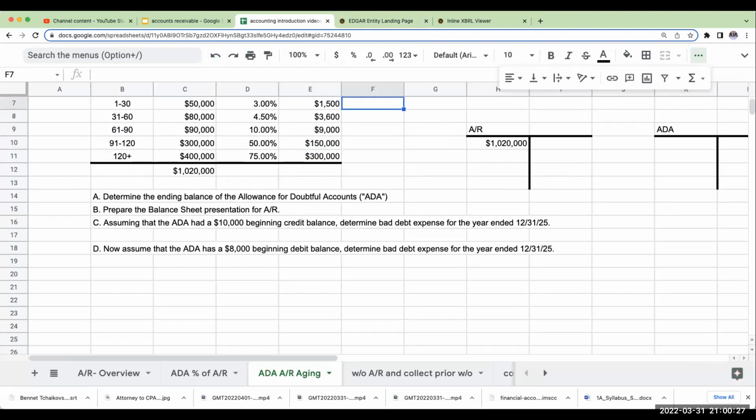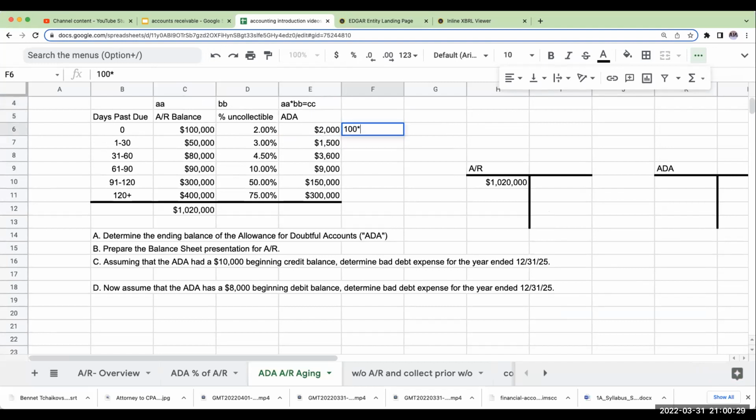So over here, this is 100,000 times 2%, 50 times 3%, 80 times 4.5%, 90 times 0.1, 300 times 0.5, and then 400 times 0.75.